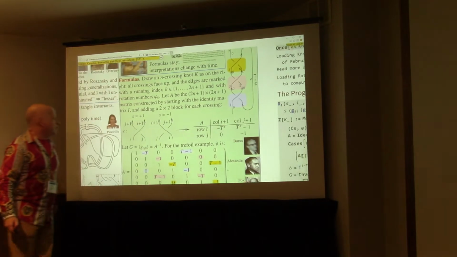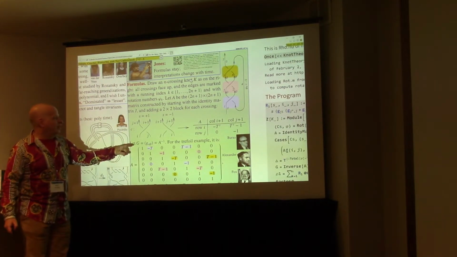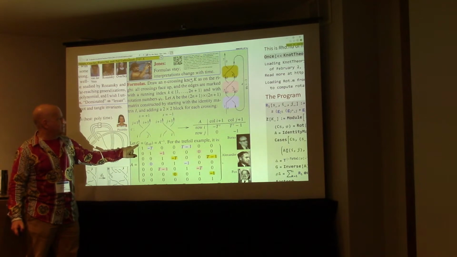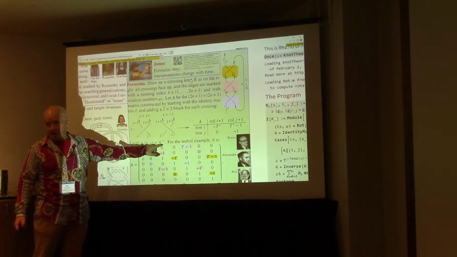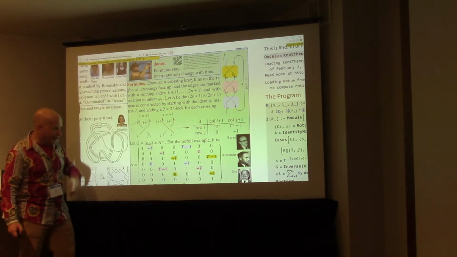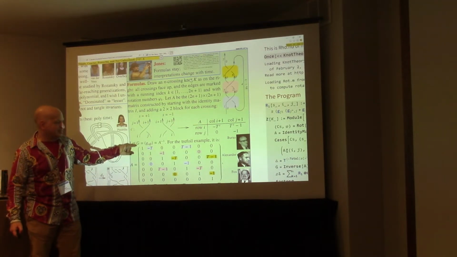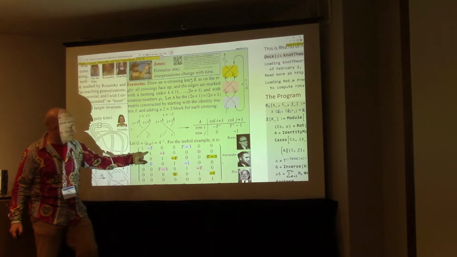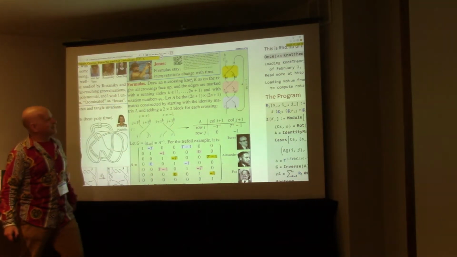And then you define the matrix G to be the inverse of the matrix A. So that was A, and G is the inverse. For example, for the trefoil, you start with the 7 by 7 identity matrix. These are the ones on the diagonal.